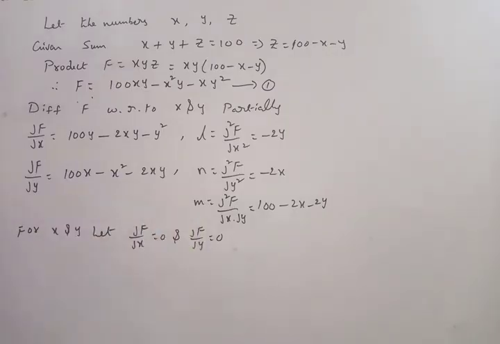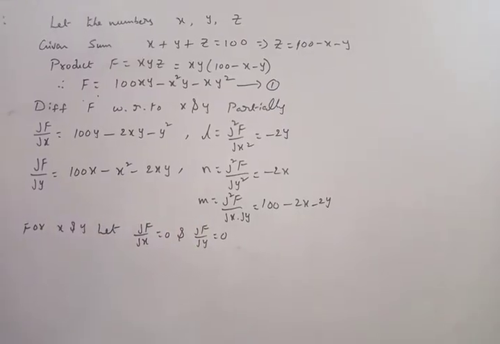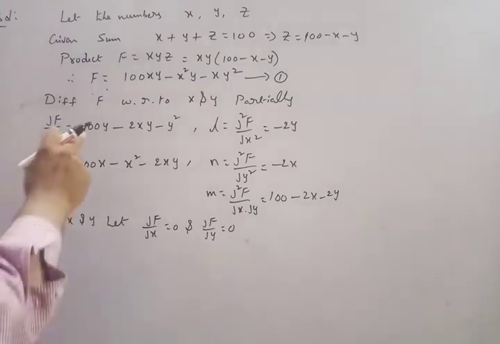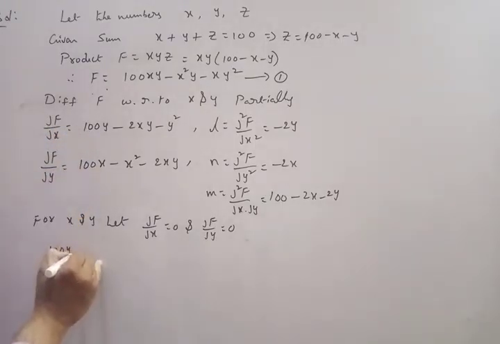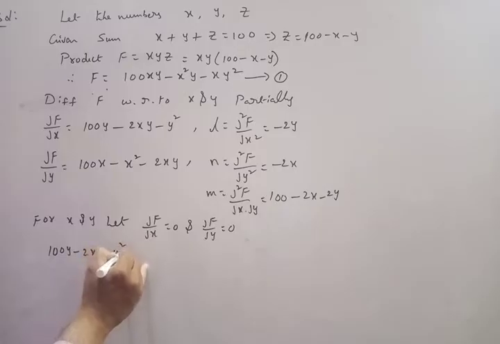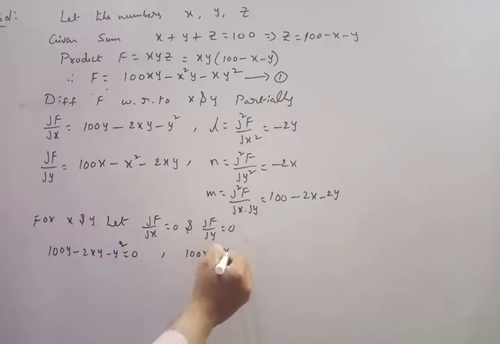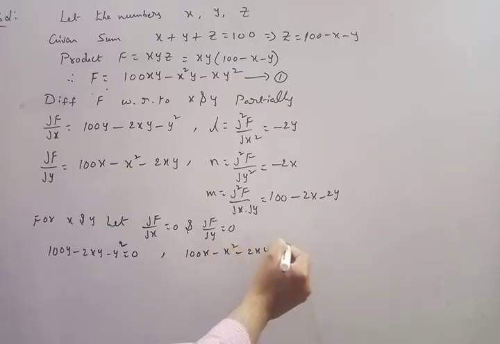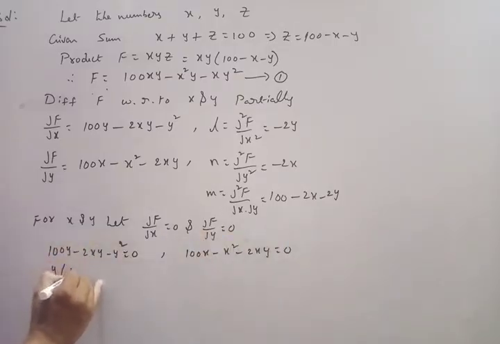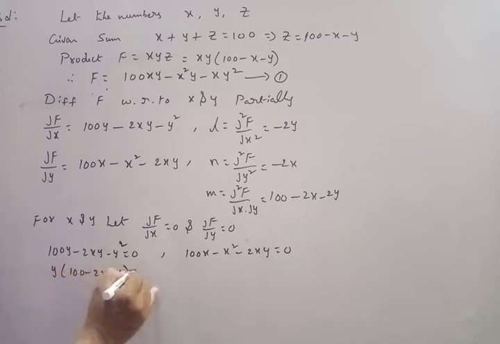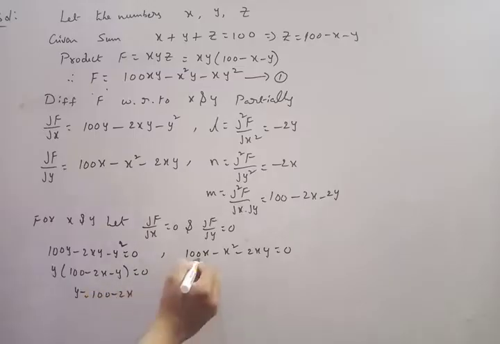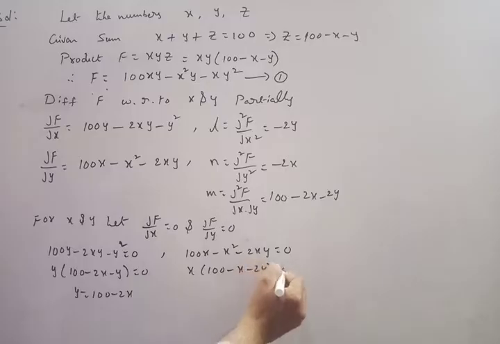So dou f by dou x gives 100y minus 2xy minus y square is equal to 0, and the other one is 100x minus x square minus 2xy is equal to 0. Take y common: 100 minus 2x minus y is equal to 0. So y is 0 or y is 100 minus 2x. Now here x is common: 100 minus x minus 2y is equal to 0.